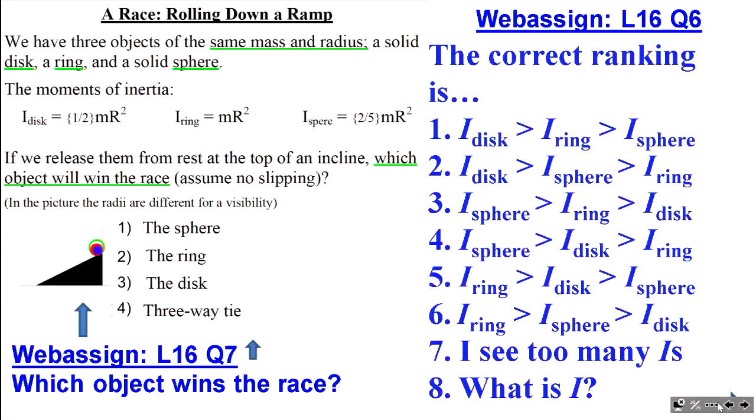But why did you choose that the sphere will win the race? Well, that's a good analogy. Yeah. It has less inertia, so it's going to be easier for the sphere in the same time to travel a longer distance. So let's see.